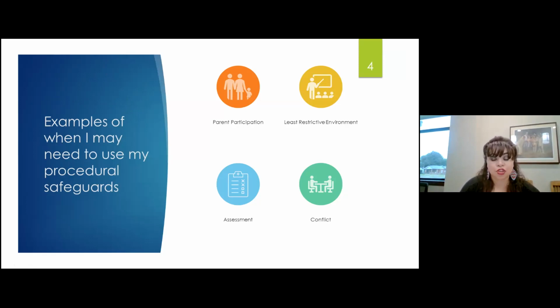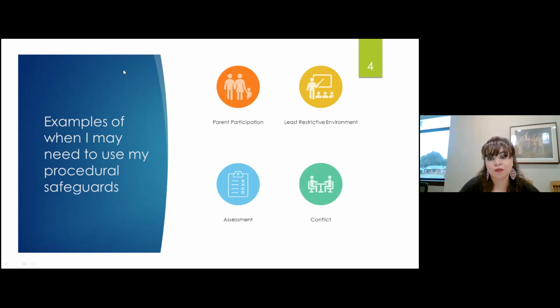You are the expert of your child, so your participation throughout their IEP is important, and you have the right to participate. So in the event that the school is not allowing you to be an equal member of the IEP team, this is where you may have to invoke your procedural safeguard.